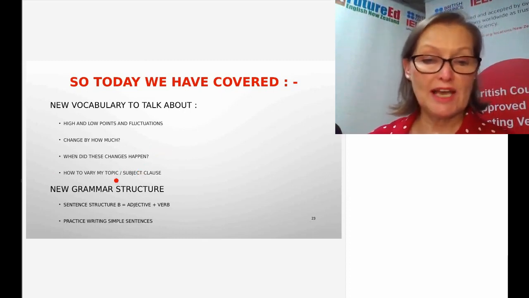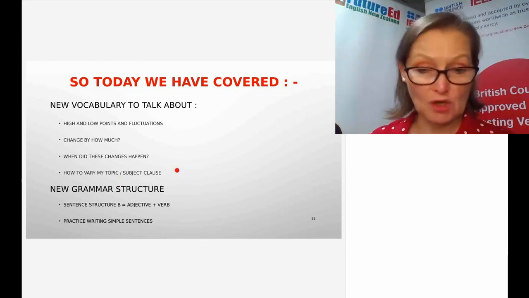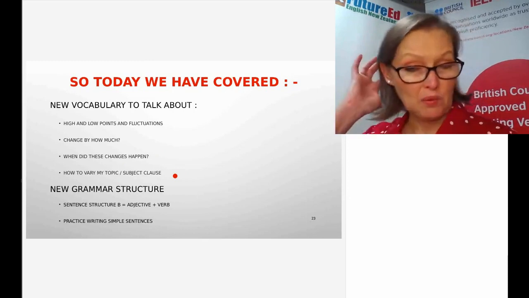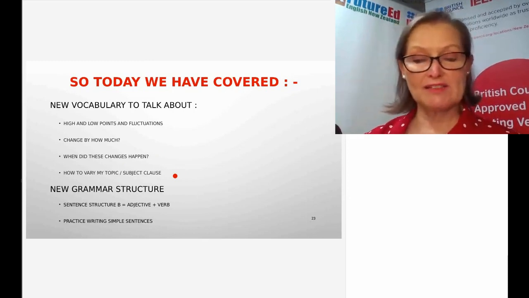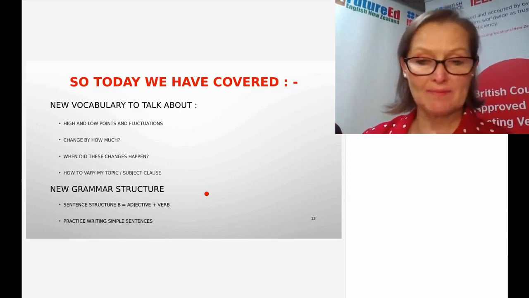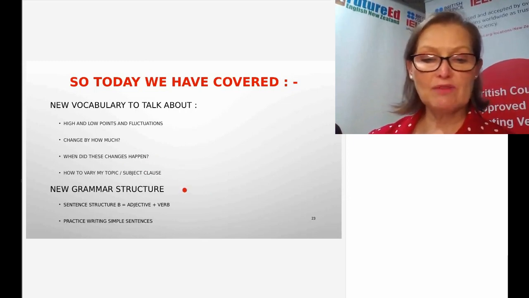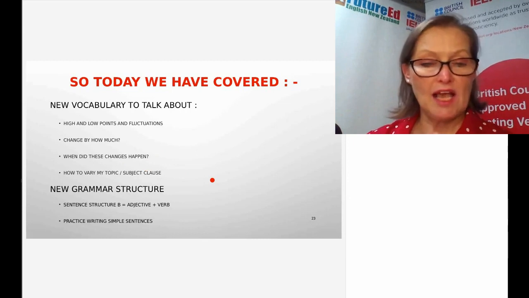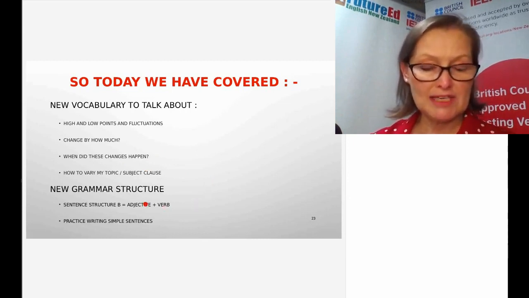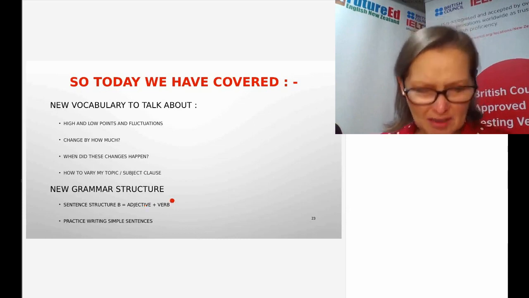We've also looked at how I can vary my topic and extend it into a subject clause, and how I can write various different kinds of subject clause, varying my vocabulary. And we've also had a look at an additional new structure, and that is my sentence structure number B, using adjective plus verb.